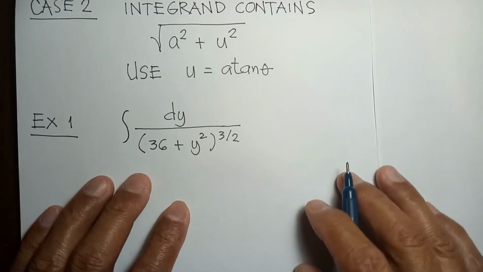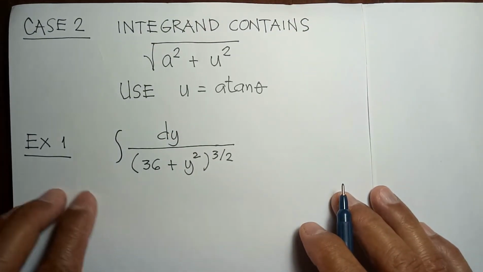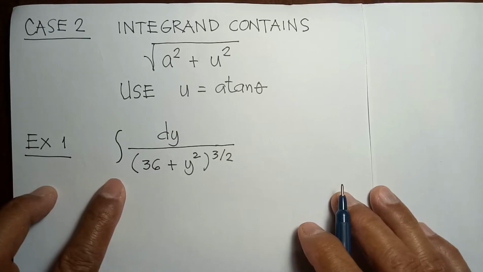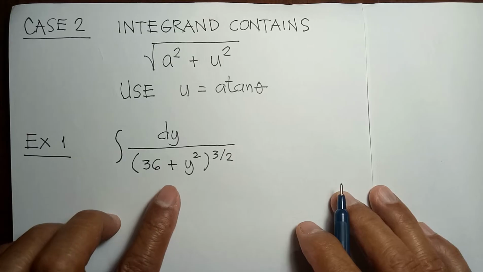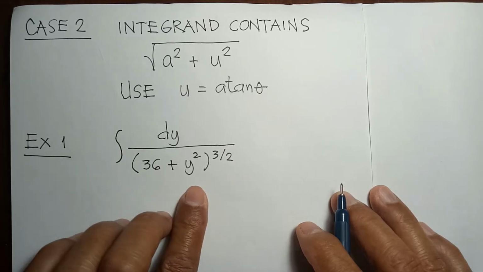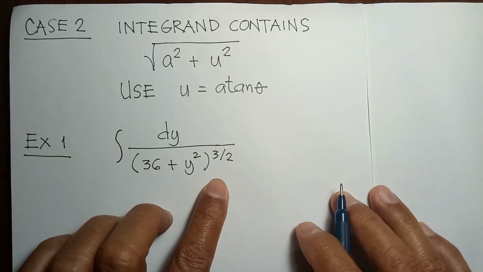Okay, example kung paano siya gamitin, So example number 1, we have integral of dy divided by 36 plus y squared raised to 3 halves.